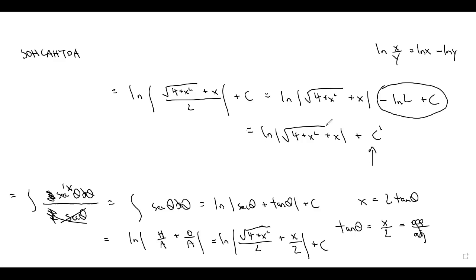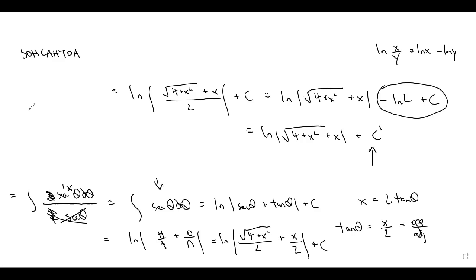Before you move on, can you just explain what you did to get the integral of secant theta d theta? I'm just wondering where we are in the question. Oh, like right here? Yeah, right there.